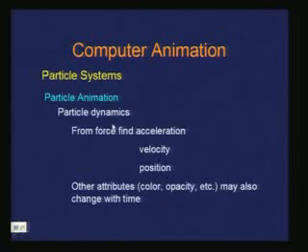If you want to use dynamics, then we are looking at finding out terms like acceleration, velocity and position given certain forces on the particle. Simultaneously you may change attributes of particles. For instance, you may change the color and the opacity of the particle with time. This is what performs the evolution of the particle system.